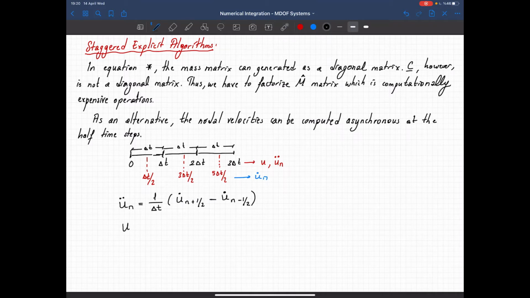How can I calculate the velocity at the half time step? That will be equal to 1 over delta t times u n plus 1 minus u n. So in other words, I'm using these two displacements to calculate the velocities at this half time step. That will be the central difference approximation.